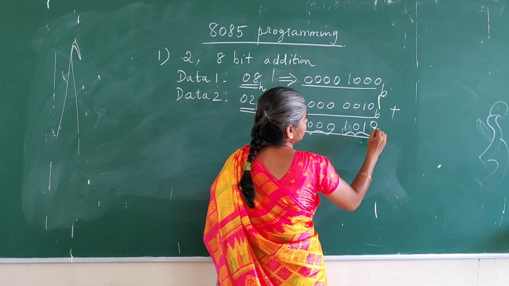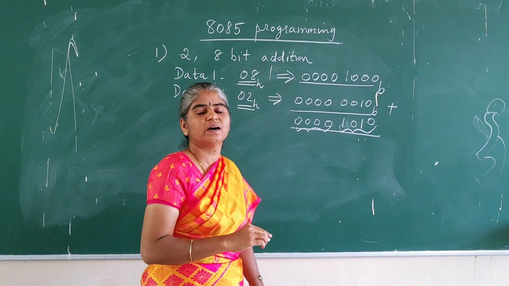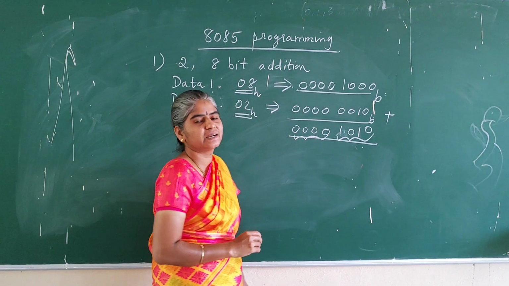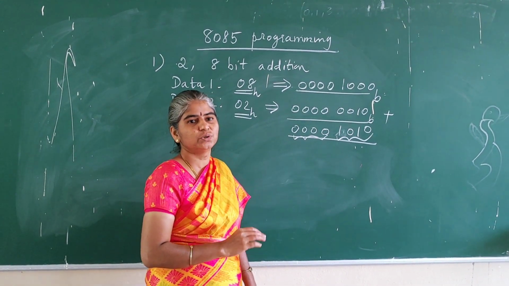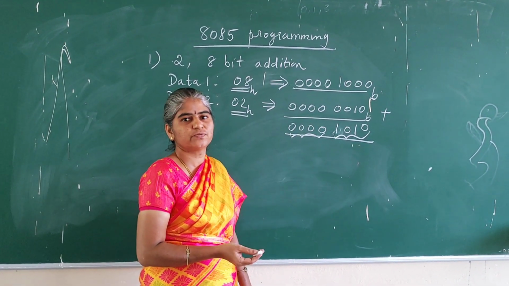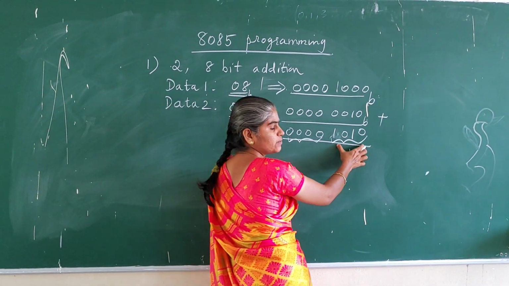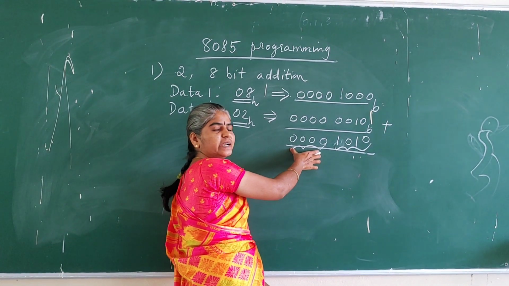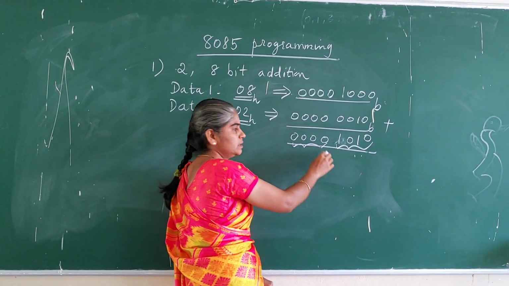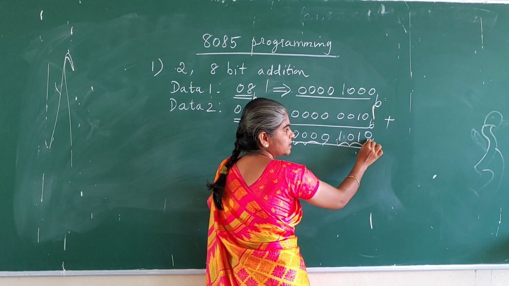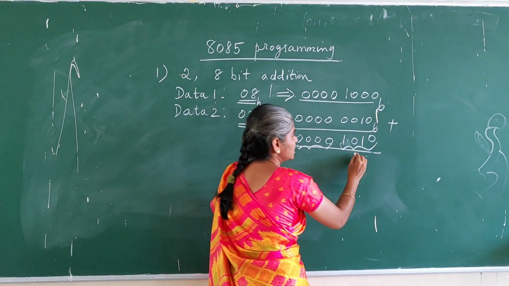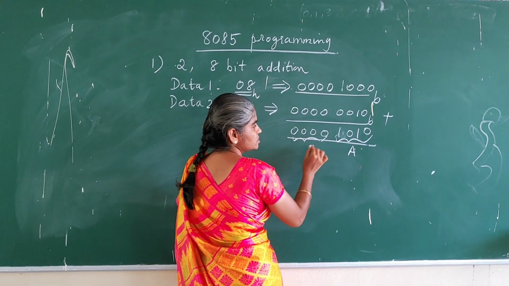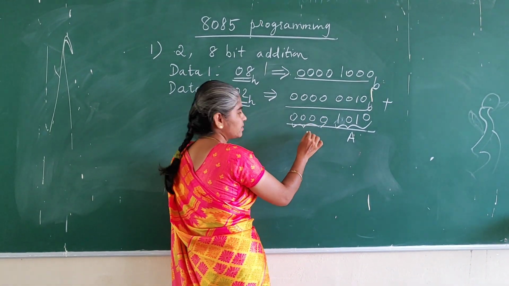Now the lower nibble and the upper nibble. In 8085 or any microprocessor or microcontroller, this 8-bit data can be classified into two groups of 4 bits. The lower 4 bits are called the lower nibble, and the higher 4 bits are called the higher nibble. The binary value 1010 is A in hexadecimal format, and 0000 in hexadecimal format is 0.